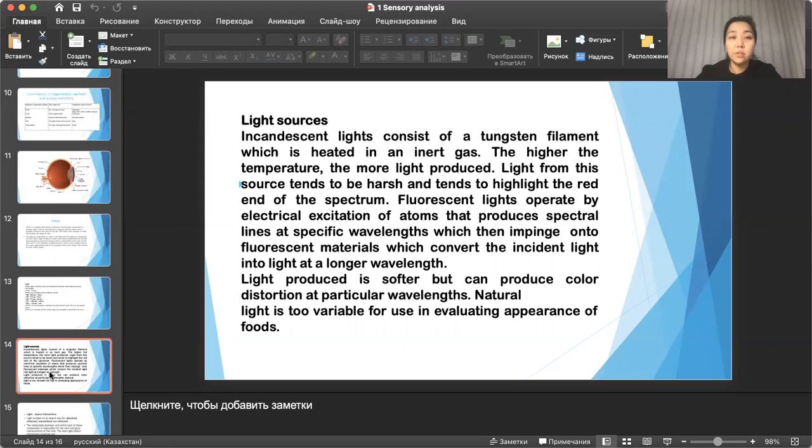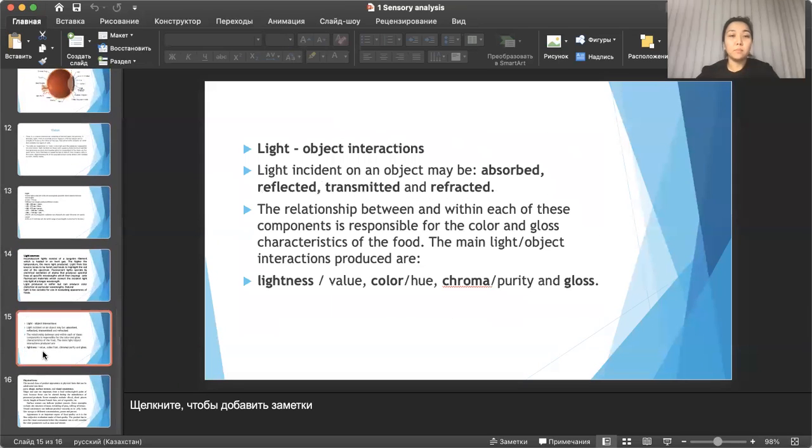Light from this source tends to be harsh and tends to highlight the red end of the spectrum, and the light produced is softer but can produce color distortion at particular wavelengths. Natural light is too variable for use in evaluating the appearance of foods.